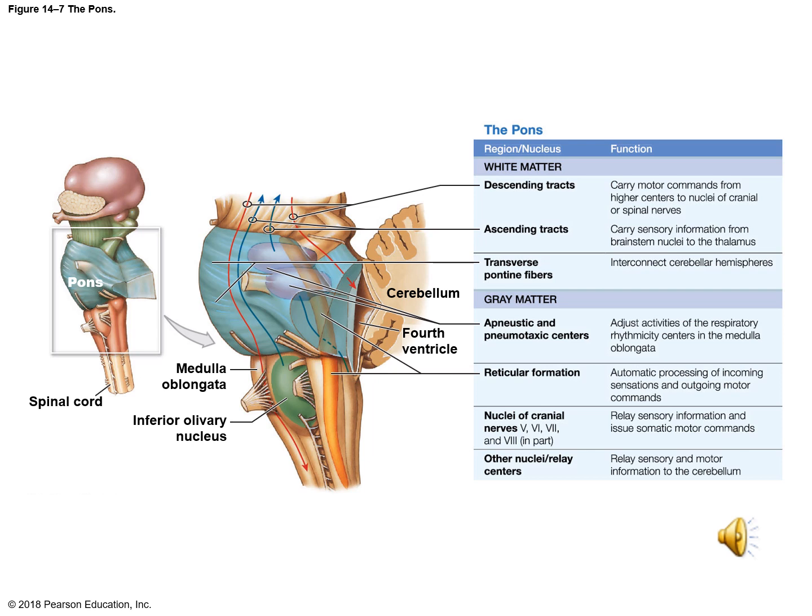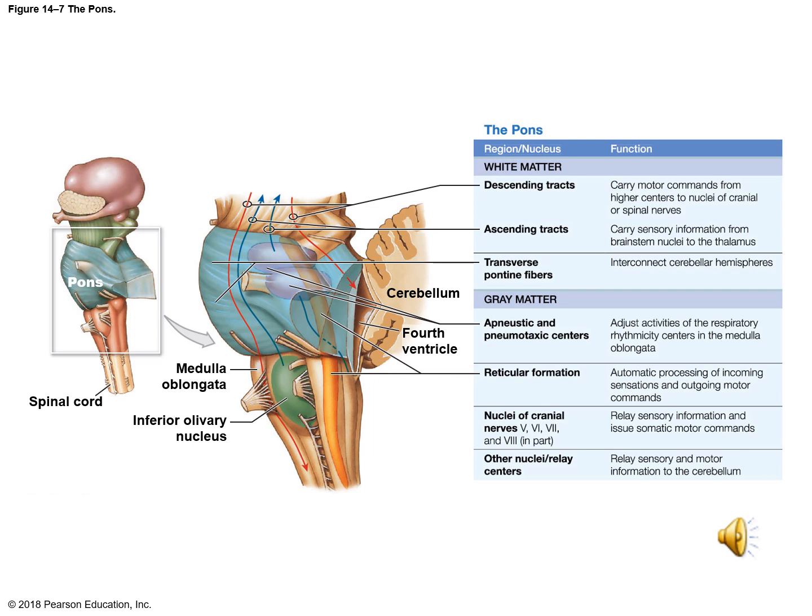Now your pons has gray matter, and it gives rise to the cranial nerves 5 through 7. It has a number of different relay centers where they're going to send information that's coming in, that's sensory based, to the cerebellum, and then motor information from the cerebellum back out.